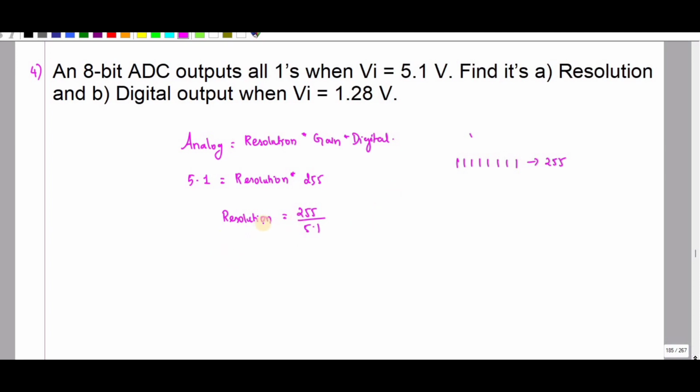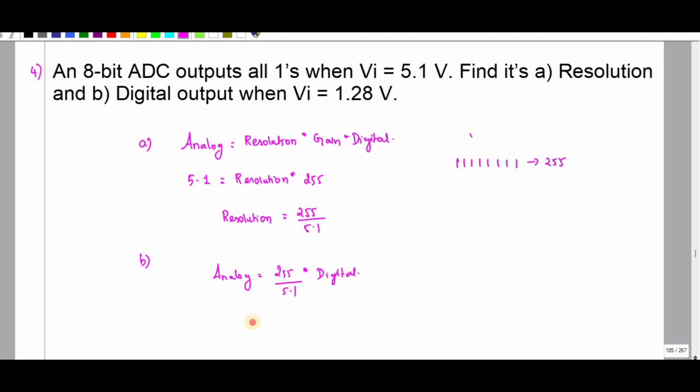Okay, so this is for A, and the second one is digital output when VA is 1.8. So the analog value is equal to resolution, 255 divided by 5.1, into the digital value.